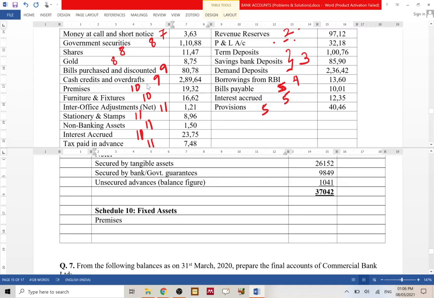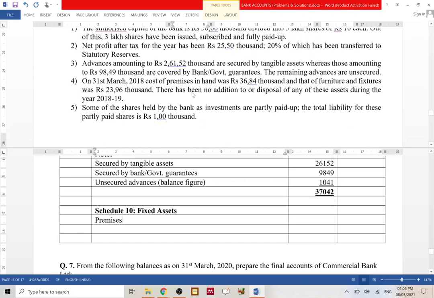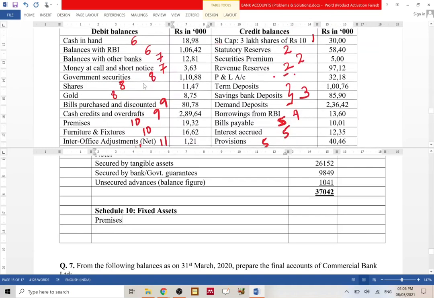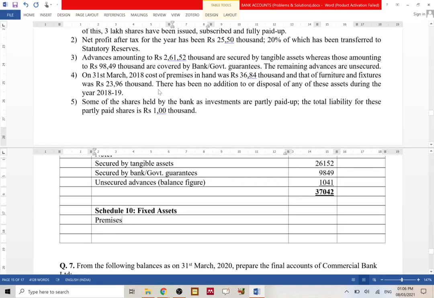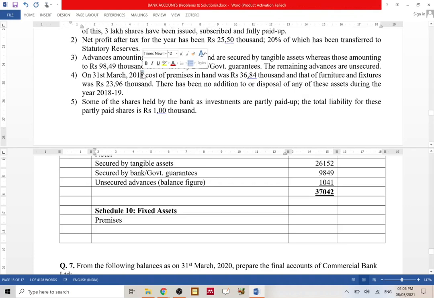1662. Now note that these two amounts are written down values, that is, they are after charging the depreciation, and how much depreciation is charged on each is given to you here. They are saying on 31st March 2018, okay, that is the beginning of the year. This is actually supposed to be 31st March 2019, sorry.